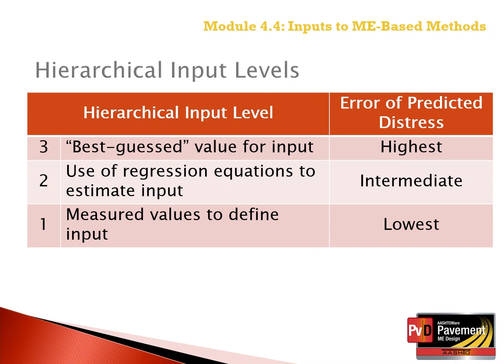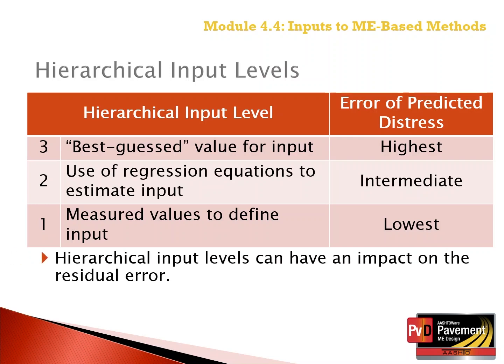The 3 hierarchical input levels are tied back to the standard error or residual error between the predicted and measured distresses. This was covered in Module 3 on reliability. So it's important to remember that the standard error or residual error is basically tied to the hierarchical level that was used during calibration.